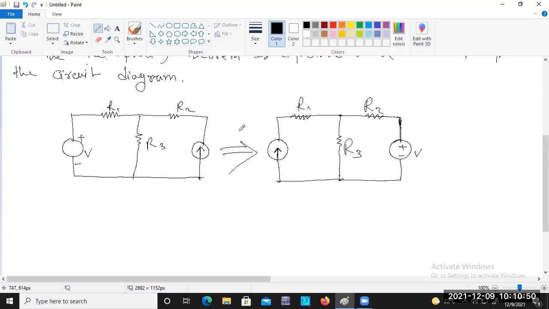The polarity should be identical: this is positive, this is also positive. You can't change it so that this is positive and this is negative, that is not applicable. But if you only interchange this place, then nothing happens; the same amount of current will flow.